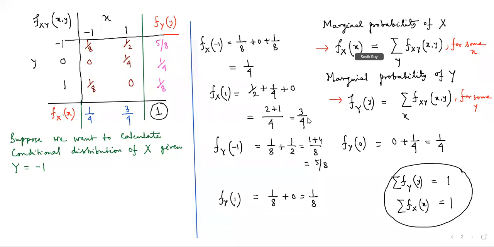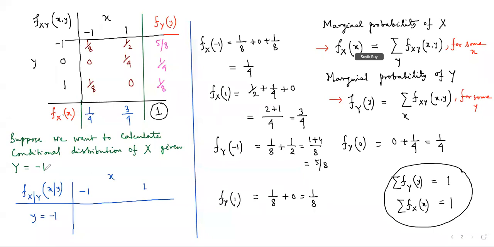Just observe. First of all, I'm going to write the expression f of X given Y. This is also a kind of chart which we are going to calculate. The possible values of X are -1 and 1, and at the point Y equal to -1, we want to calculate these conditional probabilities.